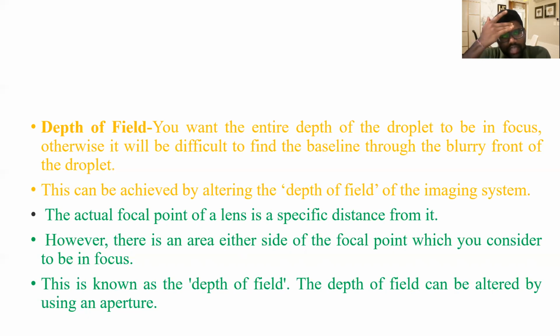The actual focal point of a lens is a specific distance from it. However, there is an area either side of the focal point which you consider to be in focus. This is known as the depth of field, and it can be altered by using an aperture.